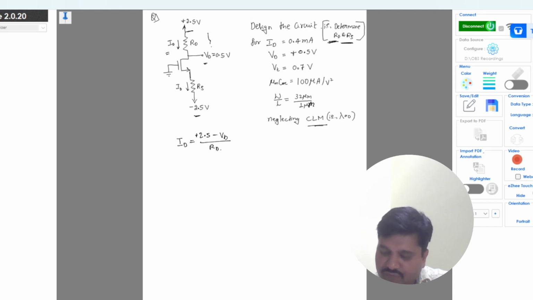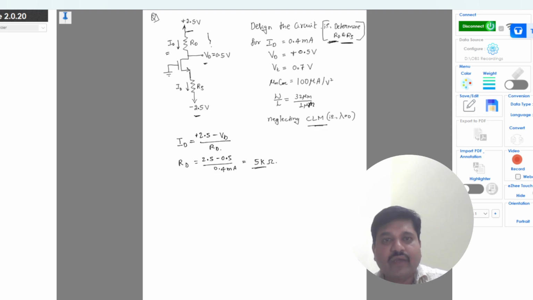VD given is 0.5, so RD is 2.5 minus 0.5 divided by ID, which is 0.4 milliamps. You get RD as 5 kilo ohm.